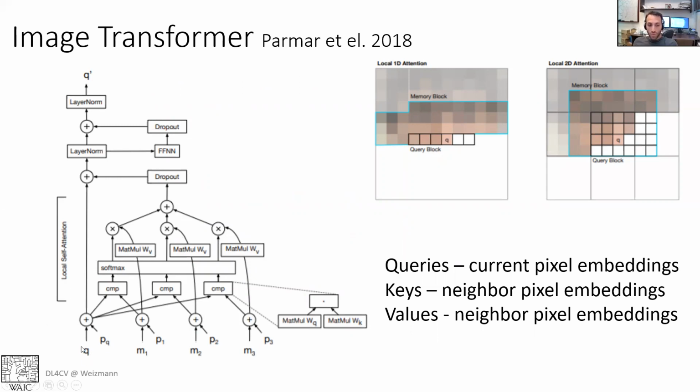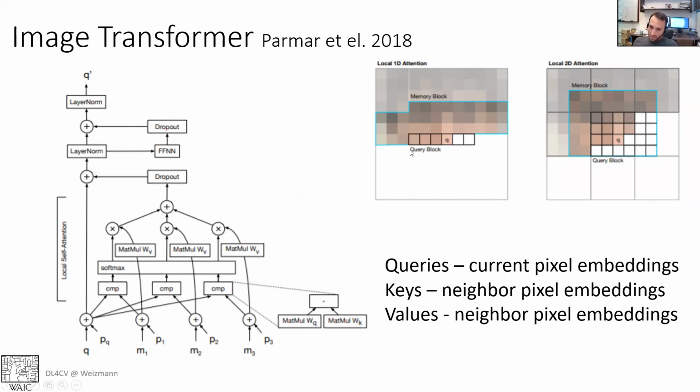We have here Q, which represents the current pixel we want to predict. So the embedding of the current pixels based on some features can be thought of as the queries here in the image transformers. The other surrounding pixels, or the embedding of the other surrounding pixels, can be thought of as the keys for the transformer.